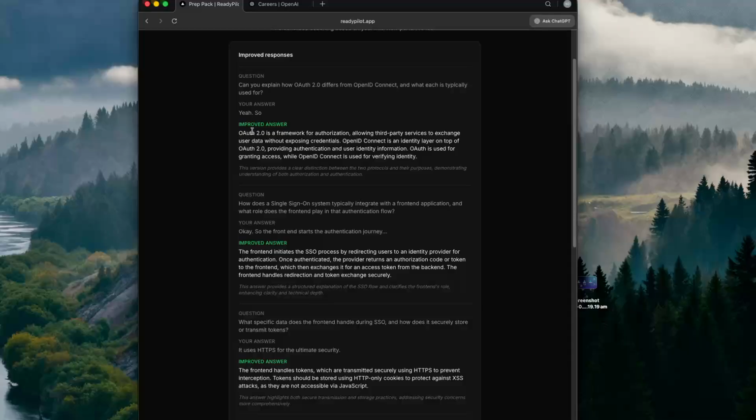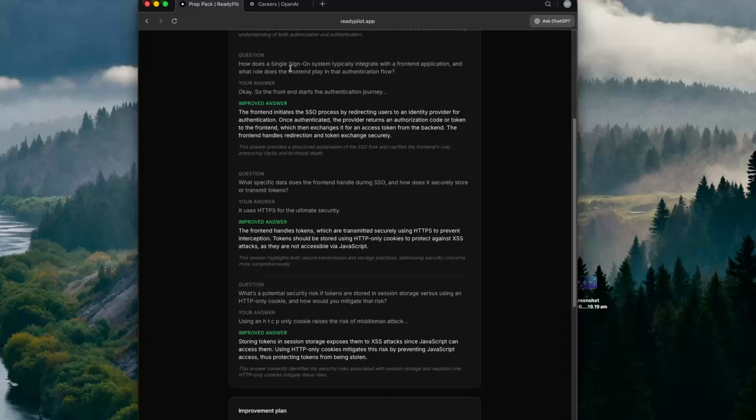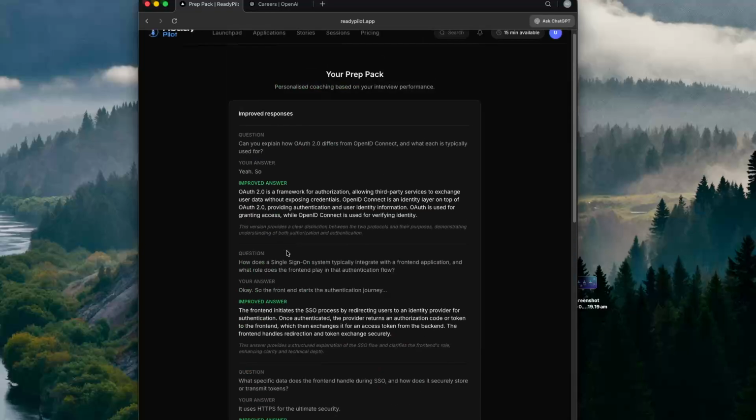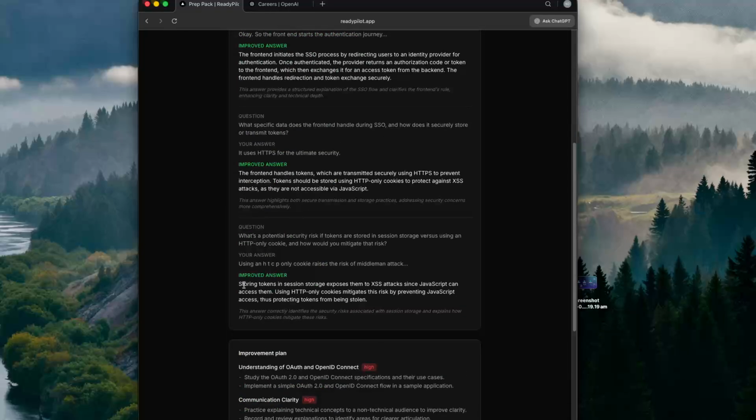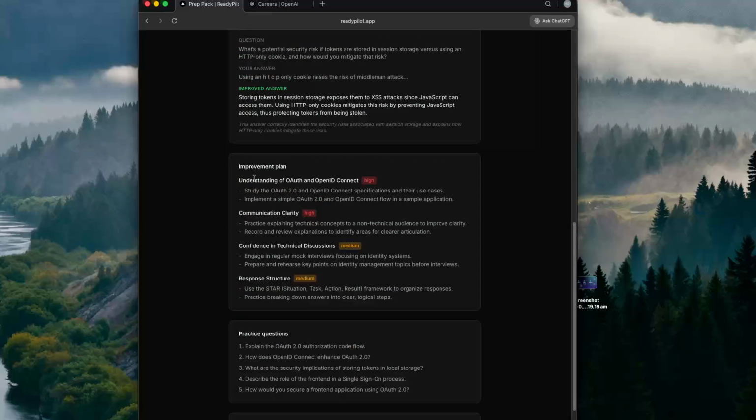OAuth is a form of authorization, allowing to participate with existing blah blah blah. So all the questions that I was asked, these are the answers to them, right? And it's given me an improvement plan: understanding of OAuth and OpenID. Obviously these are things I need to do to get better, and improve communication clarity.